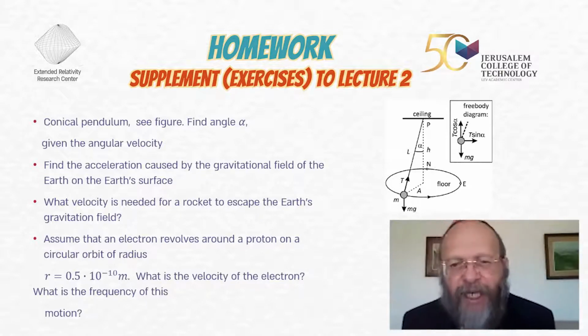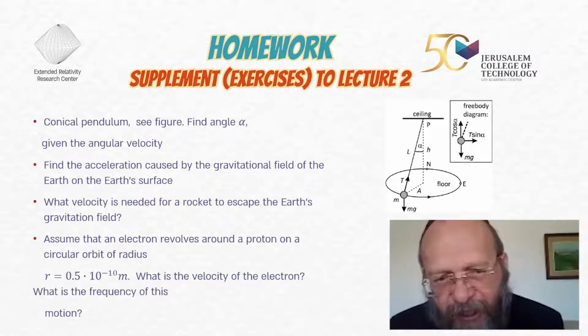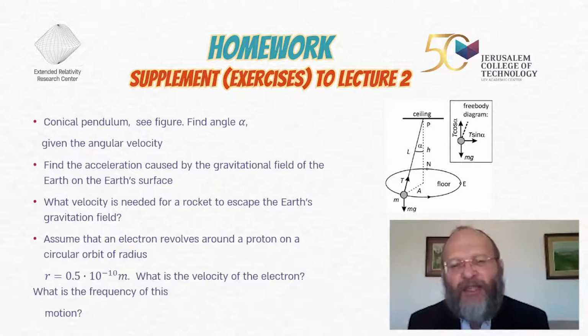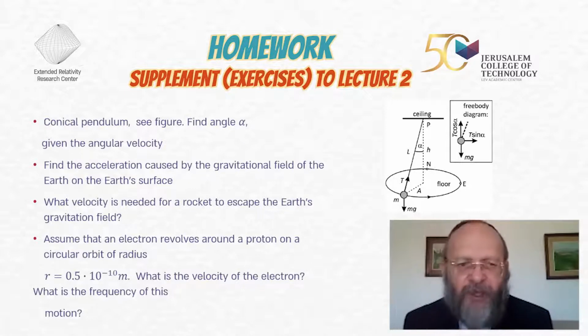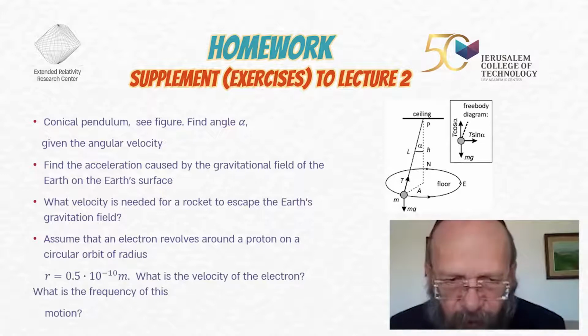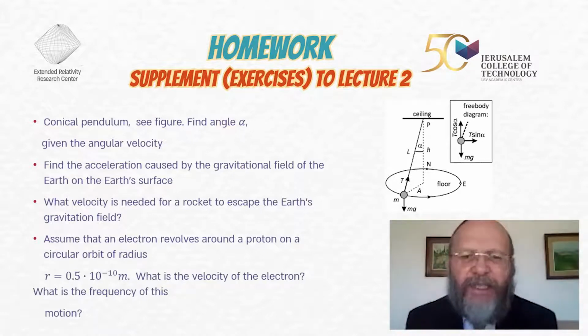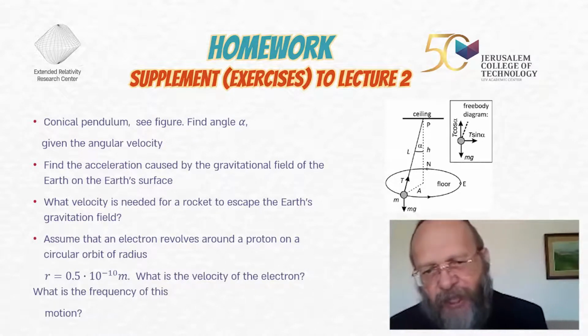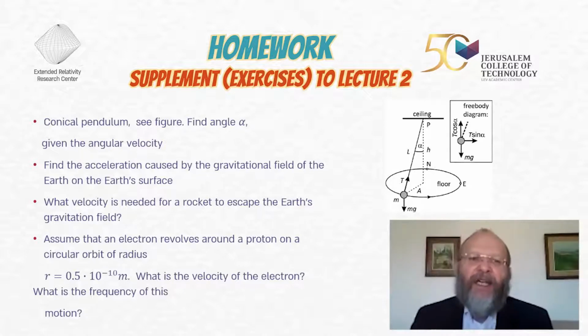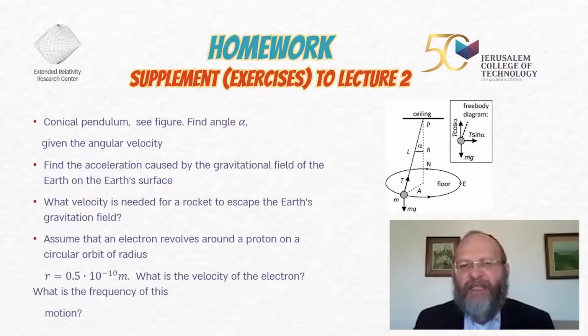The other one is to give you a feeling of what size of units we are talking about. That will be very important when we move to modern physics: understanding which units are small, which are large, what we can ignore, and what we can expand. So we want to check that you understand the gravitational field.